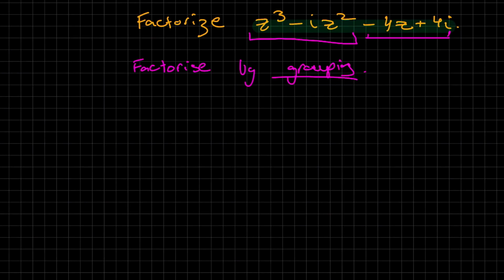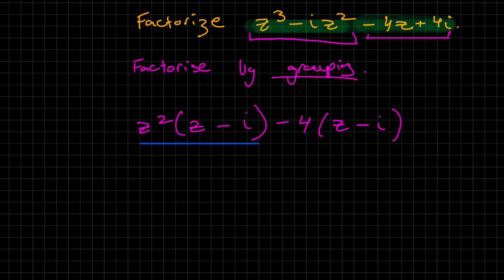So if we were to do this, then we would get z squared times z minus i from the first part of the equation over here. And from the second part of the equation, where we're factoring out negative 4, we would get z minus i from the second part of our equation over here. So here's our first part, and here's our second part. Notice that these two expressions in the brackets are the exact same.